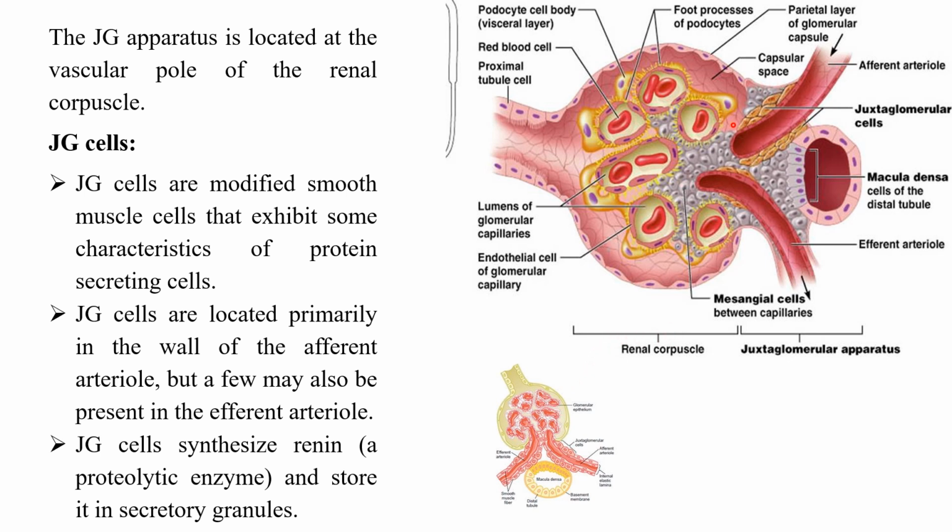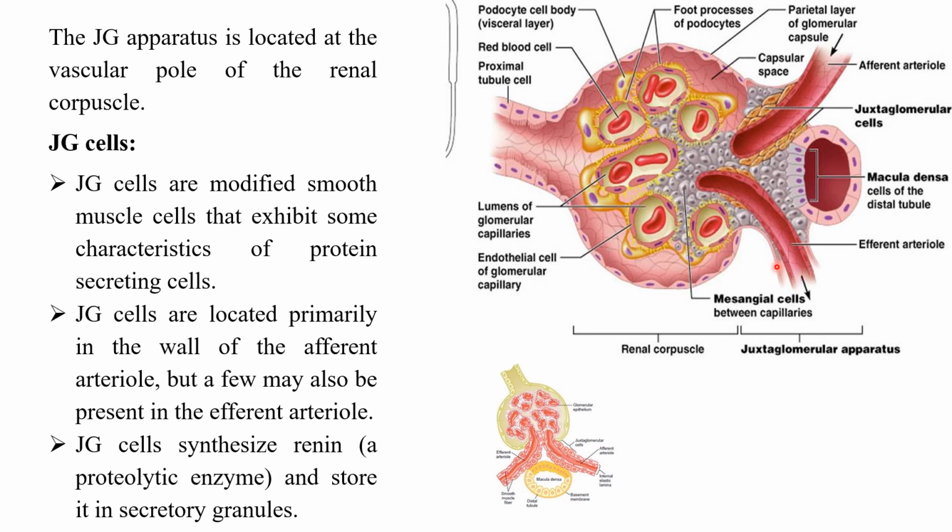You can see here these are the juxtaglomerular cells, which are present at the outermost surface of the afferent arterioles, and they are modified smooth muscles having some characteristics of secretory cells. The JG cells are located primarily in the wall of the afferent arteriole, but a few may also be present in the efferent arteriole as well.